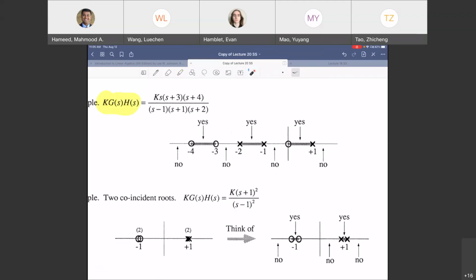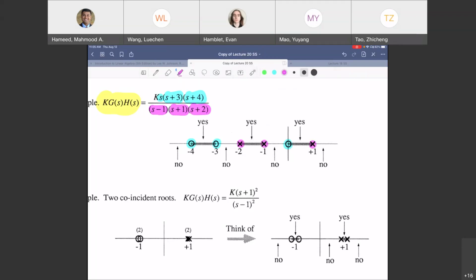It is given to us as a transfer function which has 3 zeros and 3 poles. Where are the zeros? You have zeros at s = -3 and -4. So those are here, here, and here. And you have 3 poles. Where are the poles? Maybe use pink. 1, -1, -2. There, and there.